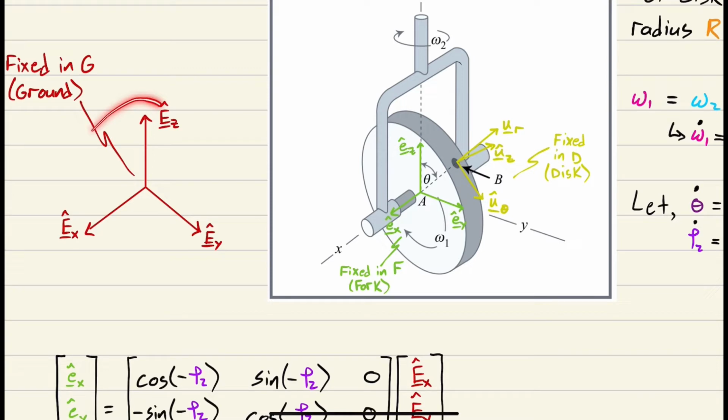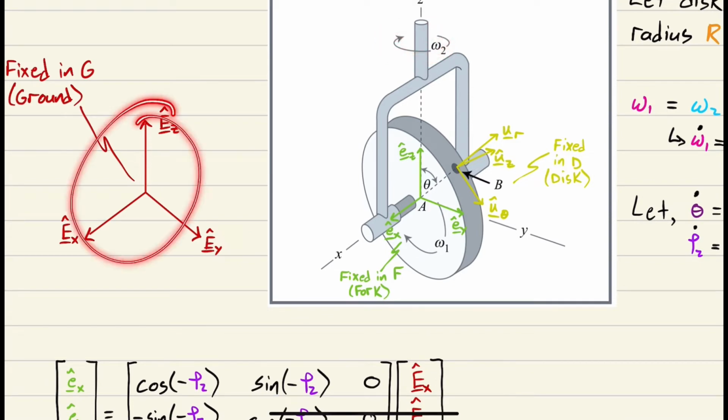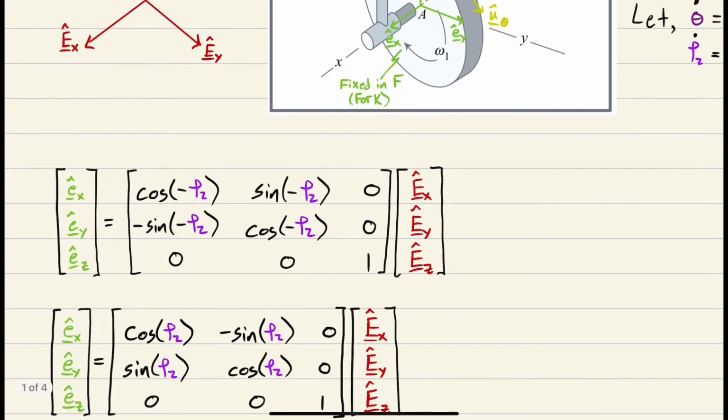To go from the red basis to the green basis, all we do is a -3 rotation by rho 2, right? It's the angle that this fork makes. That's how much we rotate this to get to the new green basis. So this is our fundamental 3 rotation matrix, and I just plugged in negative rho 2.